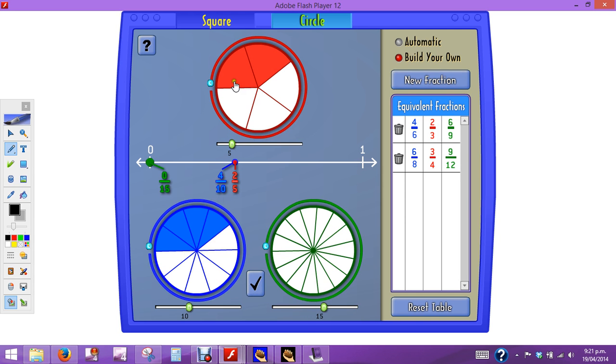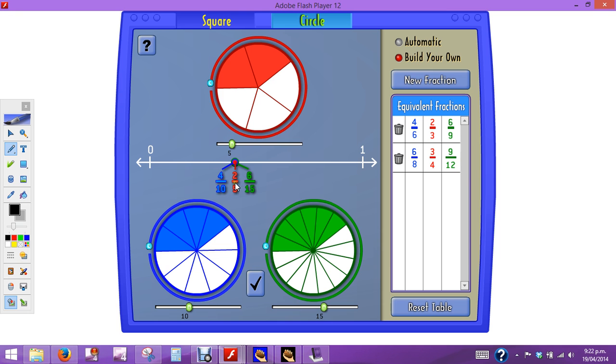Because each of our fifths was multiplied by 3 to get 5 within, then I'm going to get 6/15 as my equivalent in 15ths.